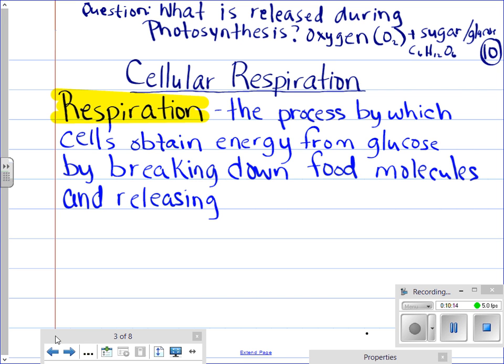When you start to break down food, it gives you lots of what? Energy, releasing stored energy.